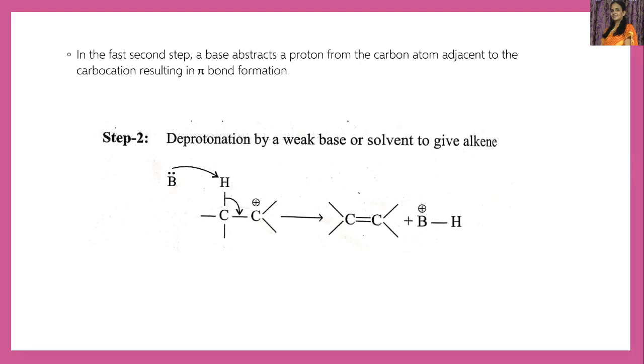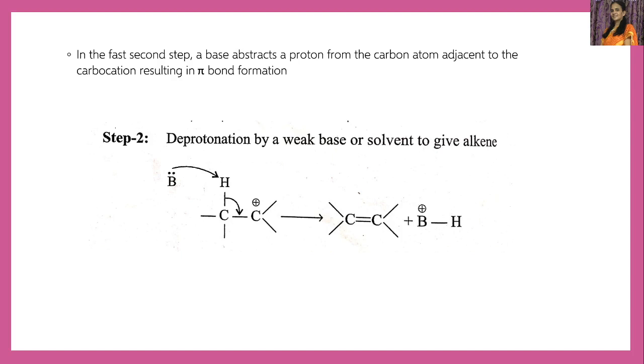Now, the second step. A base abstracts a proton from the carbon atom adjacent to the carbocation. This is the carbocation, and this is the carbon atom adjacent to the carbocation. From this, the hydrogen atom is abstracted by the base, resulting in pi bond formation.